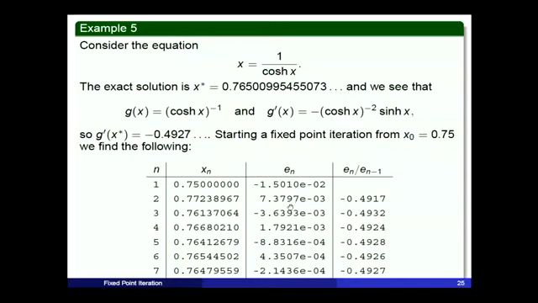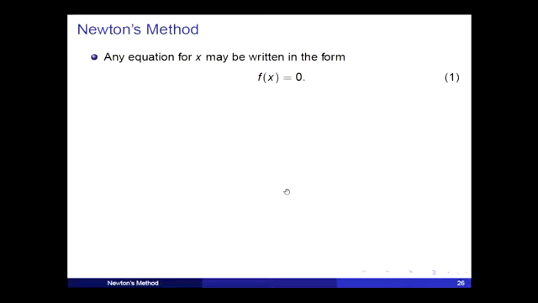And you can see that the error is going down. Going down, but even so, the error is still like 10 to the minus 4. So those are the first two simple methods. And now the next method will be Newton's method.